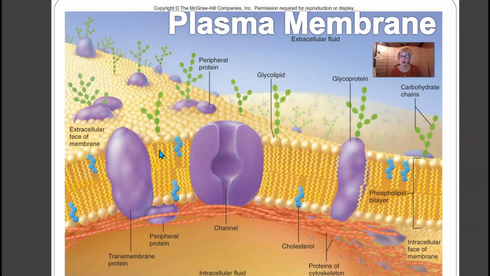And here are the hydrophobic lipids. Here's a protein that spans the entire cell membrane, so we call that a transmembrane protein. And here's one with the channel that opens and closes depending on the membrane transport that we will be discussing. Intracellular fluid, extracellular fluid, this is the lipid.